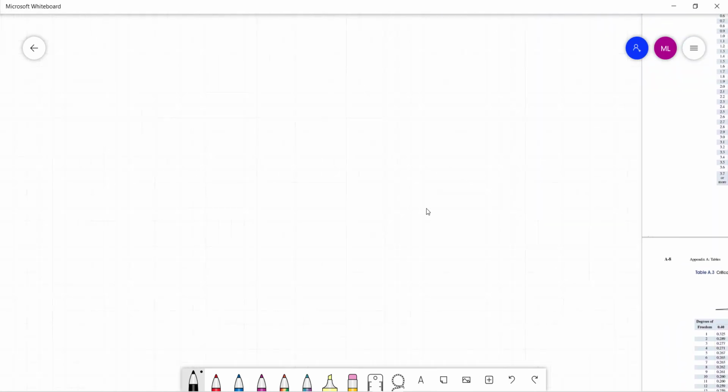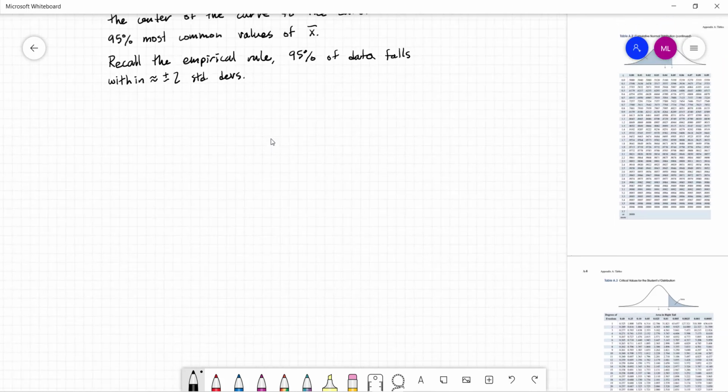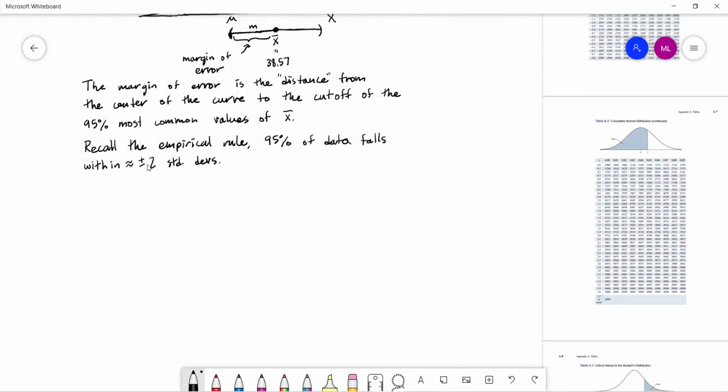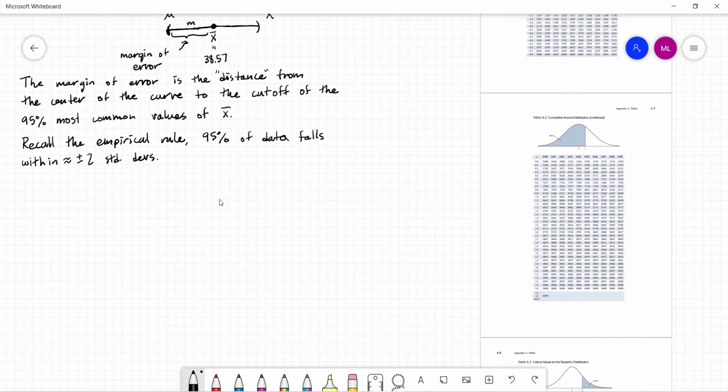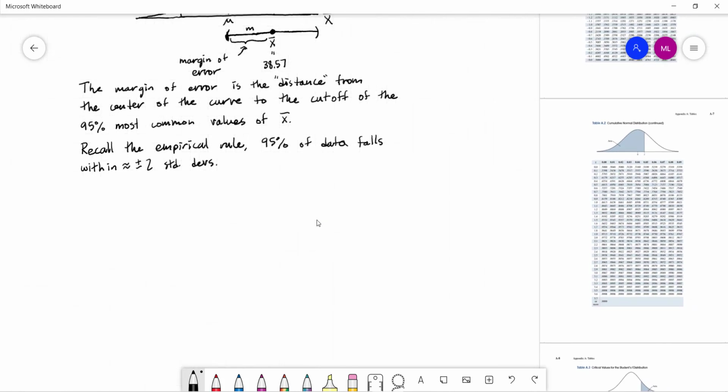So what I want to do in this case is figure out what exactly the z-scores are. We said it's close to plus or minus 2 standard deviations. I want to find the exact z-scores that bound the middle 95% of the data.